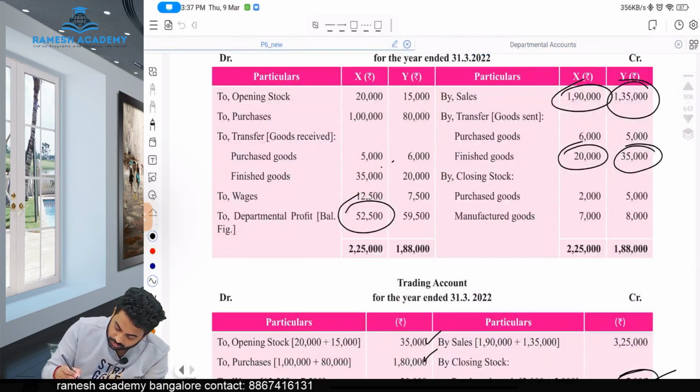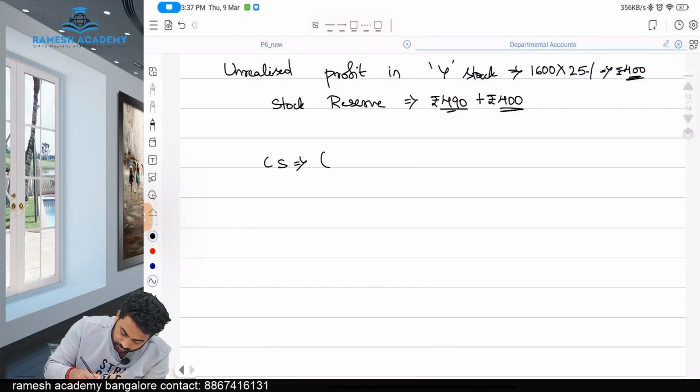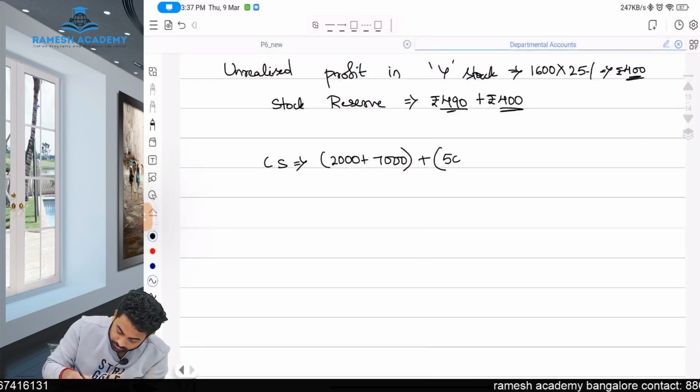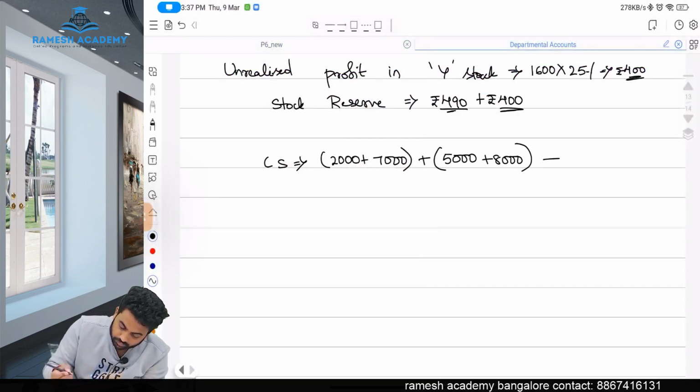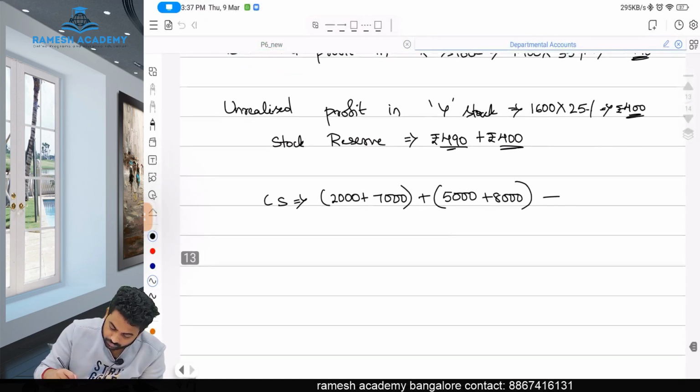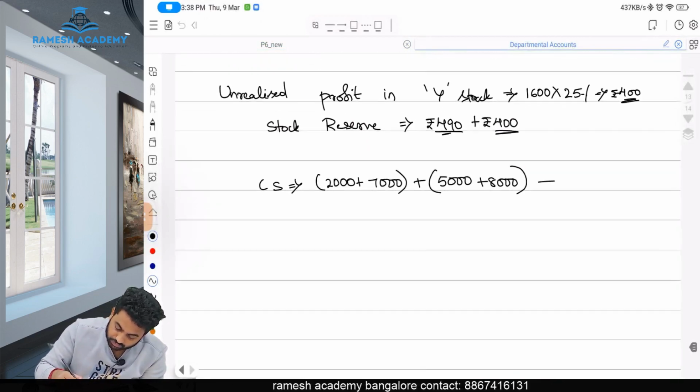Closing stock available is 2,000 plus 7,000 plus 5,000 plus 8,000, minus 490 plus 400.